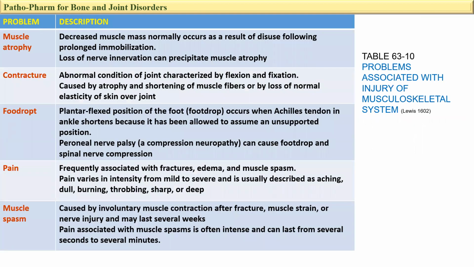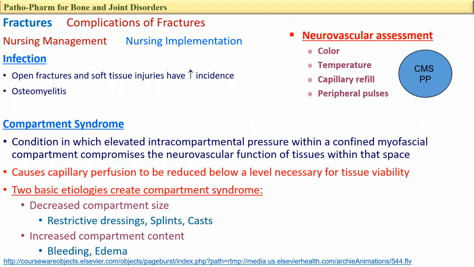These are the most common problems and complications associated with injury of the musculoskeletal system, and one of the most important nursing interventions or assessment techniques should be identified here. So we'll start with infection.